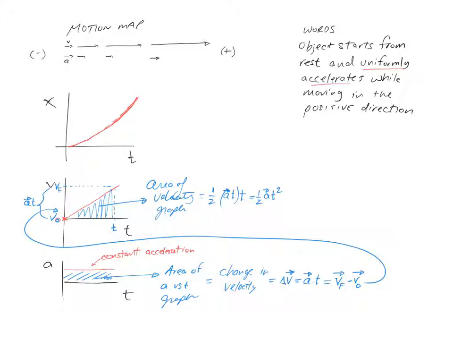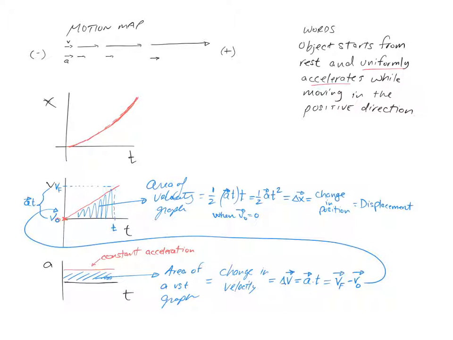So that's when your initial velocity, v naught, is 0. Things are a lot simpler then. So what I'm saying is the area of the velocity graph is actually displacement, and it's given the symbol delta x, or change in position. The fancy word for that is displacement. Change in velocity doesn't have a fancy word.